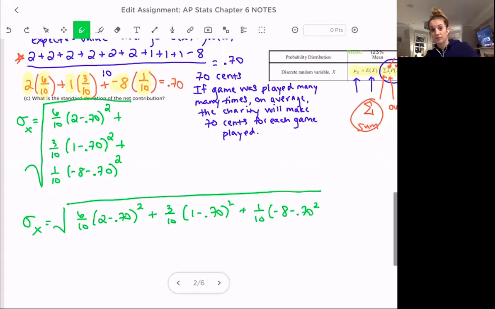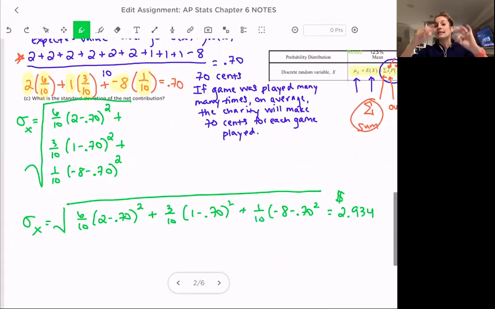There you have it. This is how we're going to find the standard deviation of the net contribution, which actually turns out to be 2.934. That's actually $2 and about 93 cents. It's in the same metric as our outcomes were: $2, $1, negative $8.